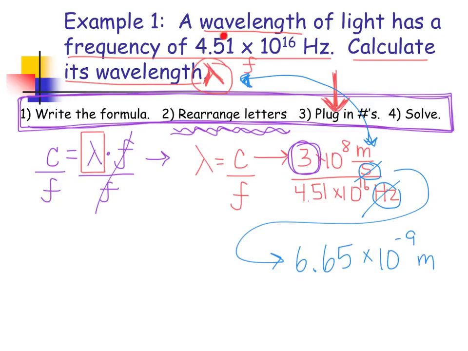Since this has 3, this needed 3. Don't forget to look out on the edge of the calculator and find that E that is missing out there. You're definitely going to need that. Okay, so that is an example on how to rearrange, plug in, and solve for the missing piece.